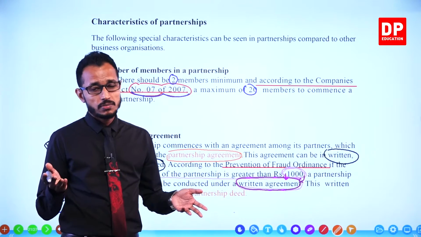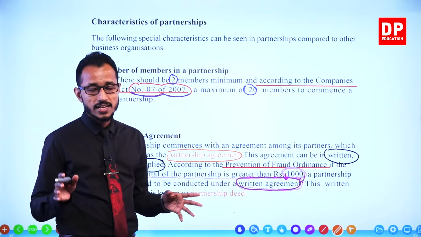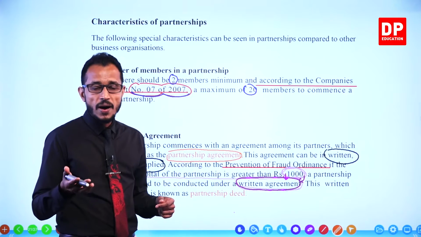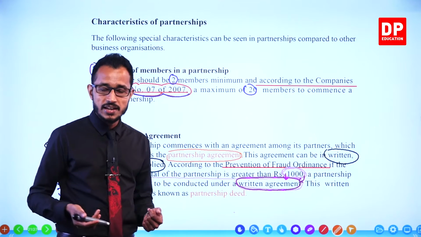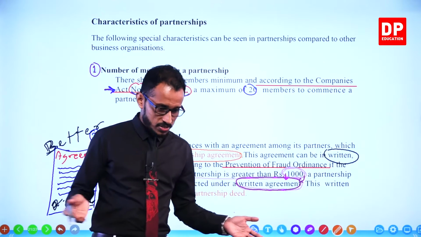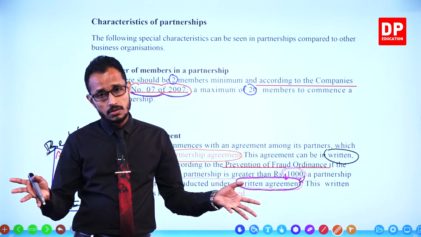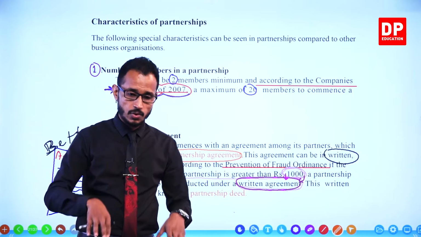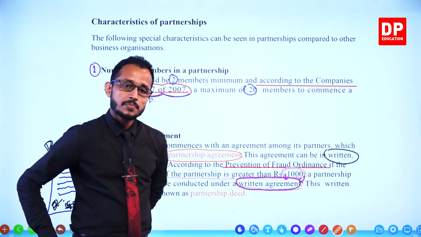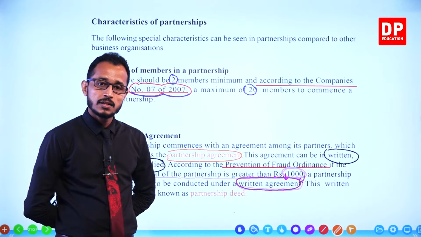I'll tell you, children, what it means. This law means that all partnership businesses must have a written agreement, because very rarely you get a business started by several people with less than 1,000 rupees. Where do you get those types of businesses?